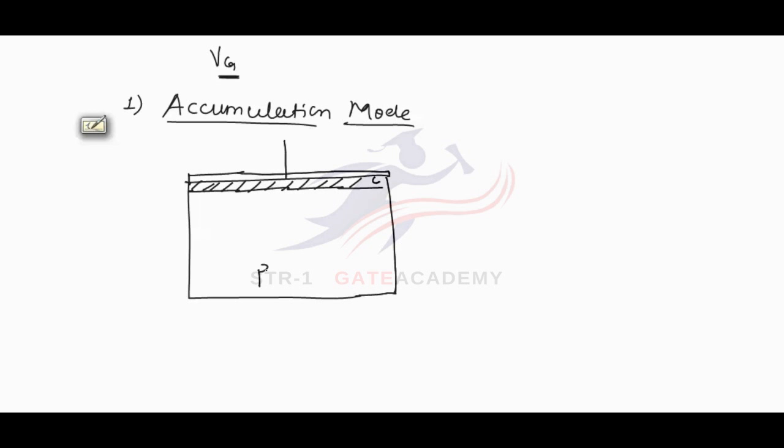We have a MOS capacitor with a p-type substrate, kept at ground potential, while we apply a negative potential at this metal terminal, the gate terminal. If we apply a negative potential to the gate terminal, then the gate metal will be negatively charged, and this negatively charged gate metal will attract the positive charges, that are holes, near this oxide semiconductor interface.